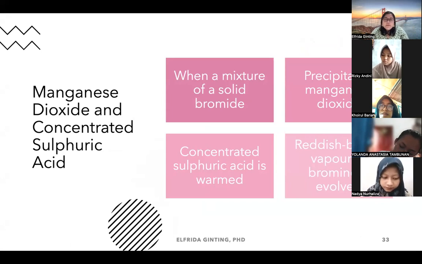We mix it again with concentrated sulfuric acid, and then we heat it up. Then it will produce bromine gas. The color will be reddish brown.